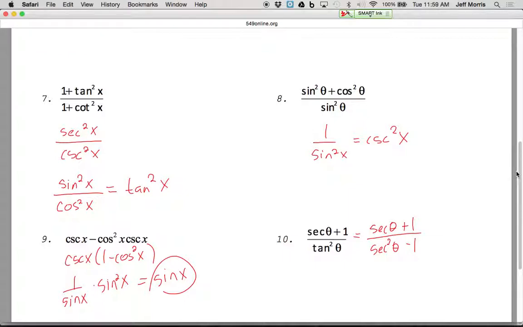I used Pythagorean identity. You see what I did? Now, what's the bottom factor into? There you go. The bottom factors into secant theta plus 1 times secant theta minus 1. What happens to secant theta plus 1? Cancel. Final answer: 1 over secant theta minus 1.